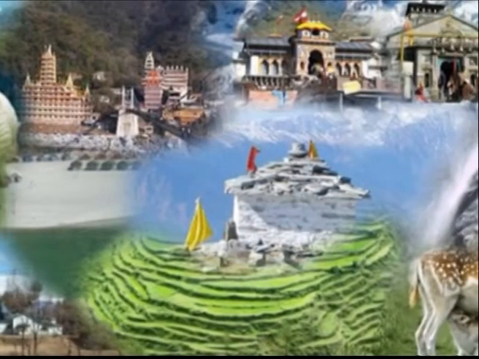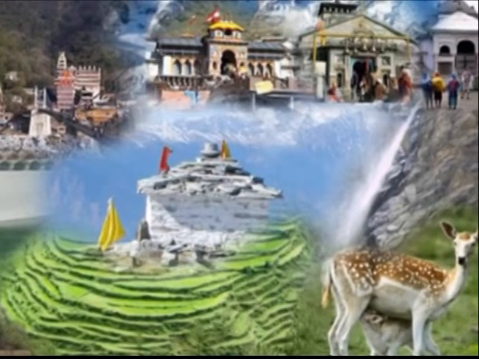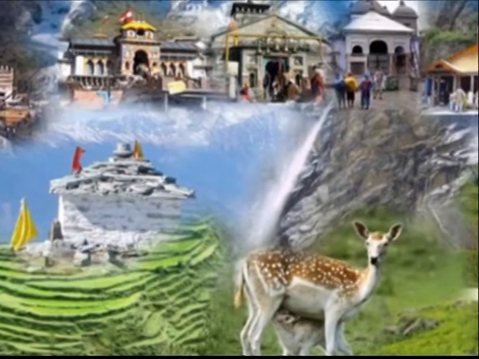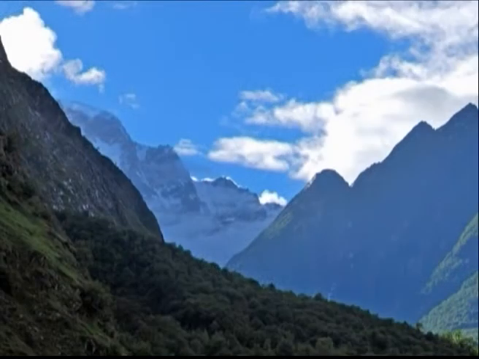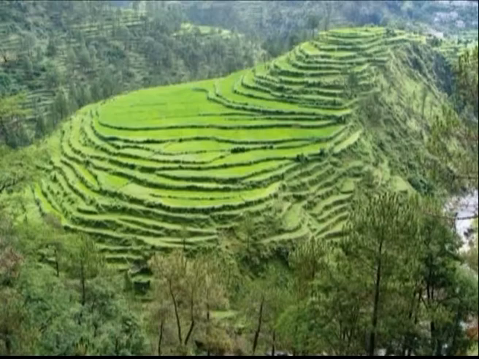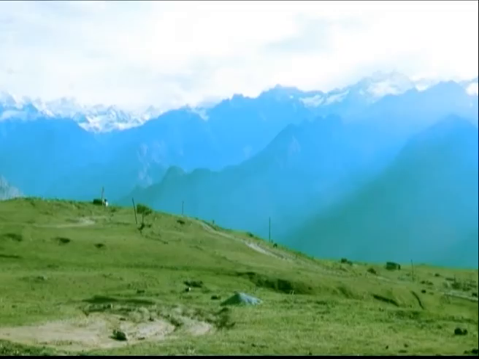It is often called the land of the gods, that means Dev Bhumi, because of its various holy places and shrines. The hilly regions of Uttarakhand offer unspoilt landscapes to the tourists and pilgrims.